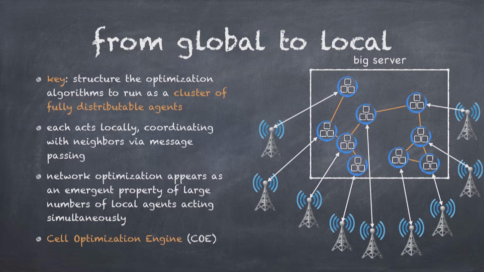Each of these local agents acts locally, of course, coordinating with its neighbors via message passing. And so the overall network optimization appears as an emergent property of a large number of these local agents acting simultaneously. The term that we came up with at AirHop for these local agents is the cell optimization engine.